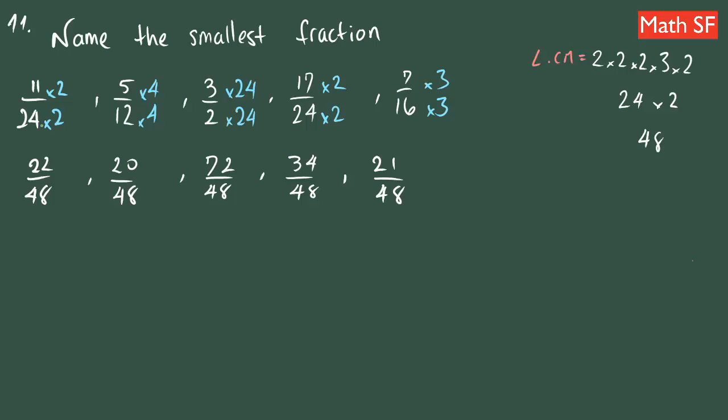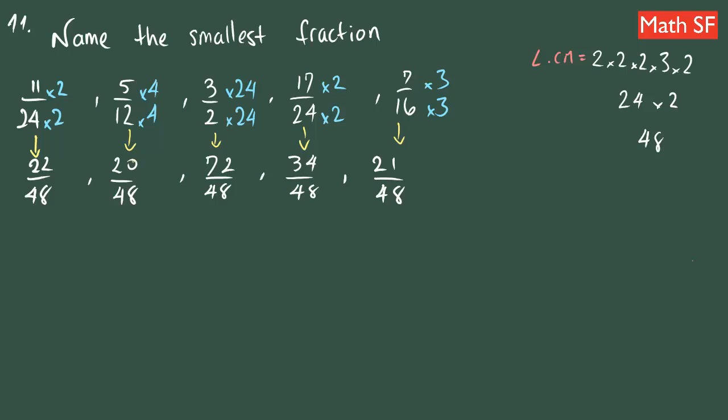I just draw underneath which fraction is equivalent to which. Since they have the same denominator, now it's easier for us to compare the numerators. Let's just look for the smallest numerator, the top number. 22, 20, 72, 34, 21.